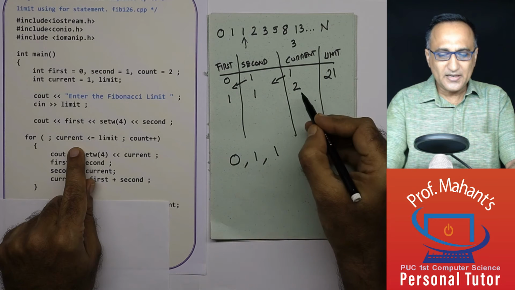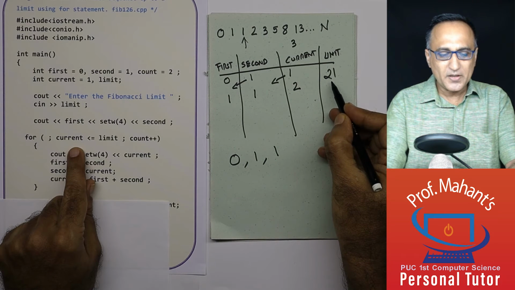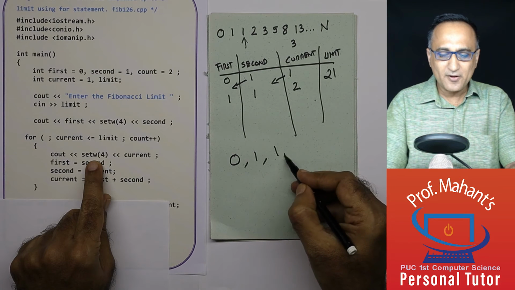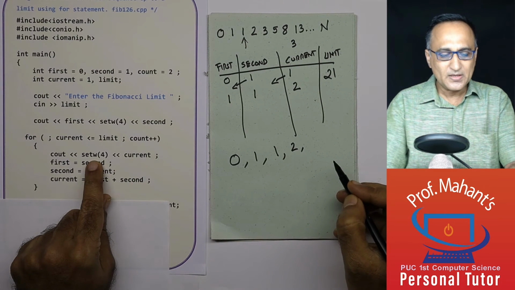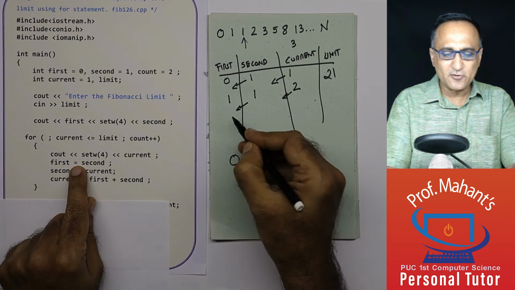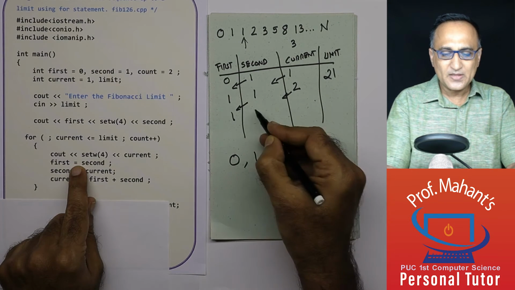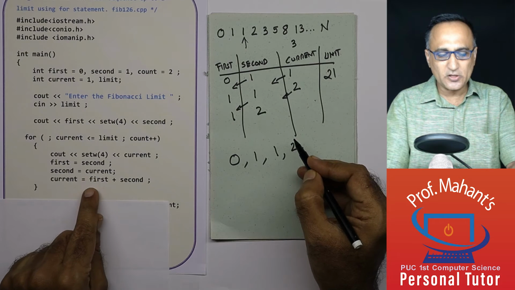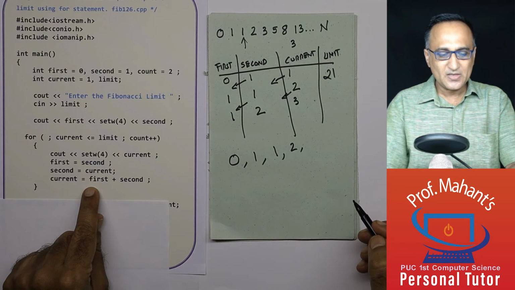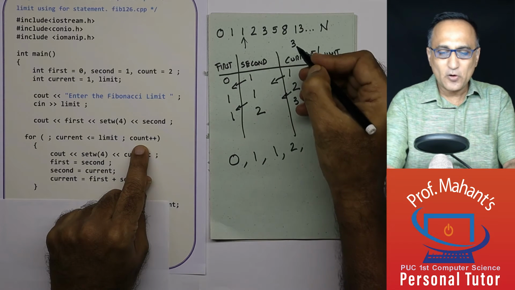Now current 2 is less than or equal to 21, which is true. So I am printing the value of current, which is 2. Then again this exchange takes place, first to second, second to current. This becomes 1, this becomes 2, and current becomes 2 plus 1, which is 3. Now again I increase the value of count by 1.